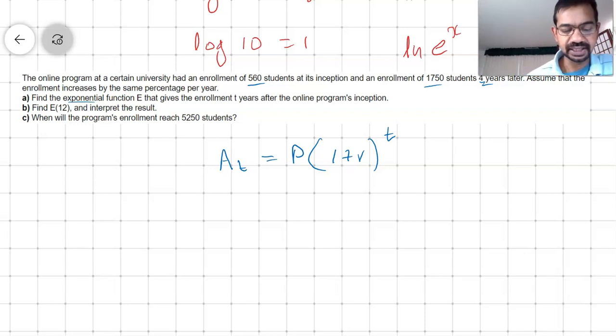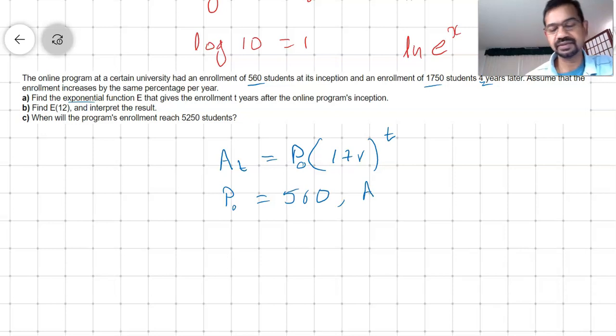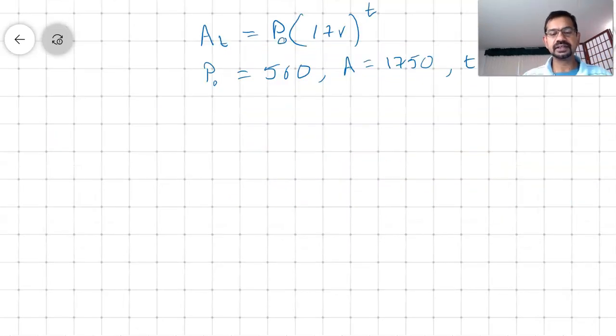So we are told that the initial amount, or P naught, was 560. We're told that the growth happened so that in the end we had 1,750 students, and that this growth was over a period of 4 years. So now let's cast this into our notation.